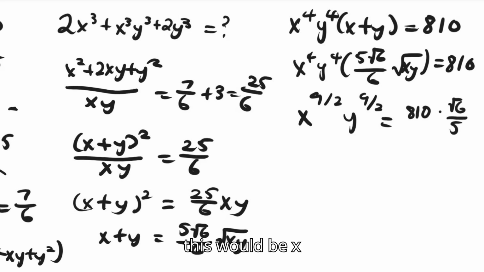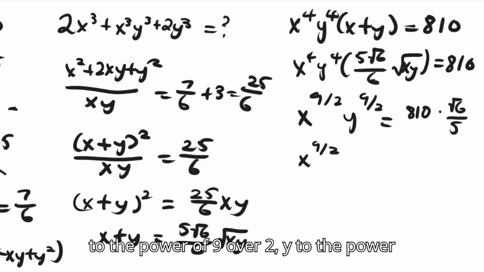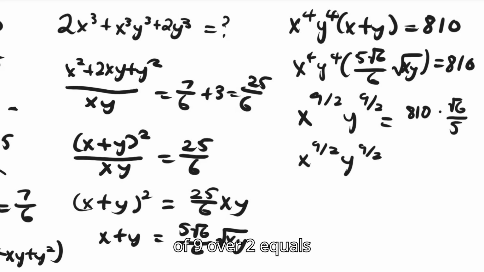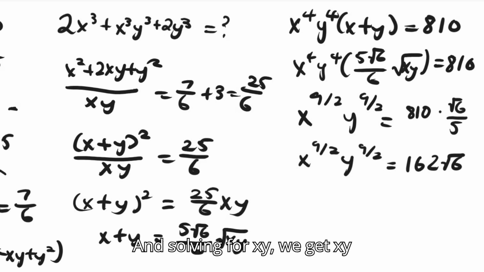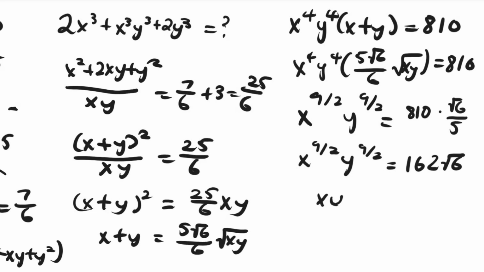So this would be x to the power of 9 over 2, y to the power of 9 over 2 equals 162 root 6. In solving for xy, we get xy equals 3 cube root 2.